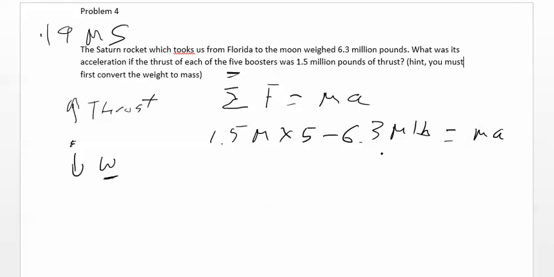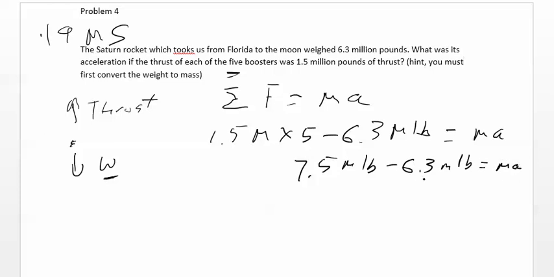I'll come back to that in a second. 1.5 times 5 is 7.5 million pounds of thrust, minus 6.3 million pounds of weight.